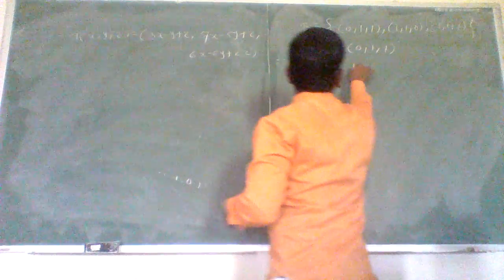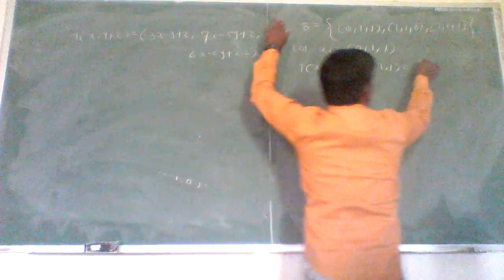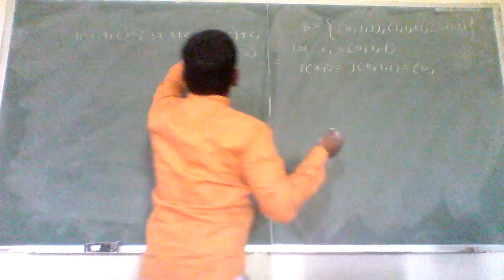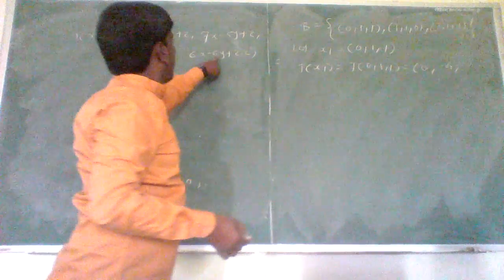So T of x1 is T of (0, 1, 1), putting x equal to 0, y equal to 1, and z equal to 1. As x equal to 0, 3 into 0 is 0, minus 1 plus 1, which is 0. Now 0 minus 5 plus 1 is minus 4. Now 6 into 0, minus 6 plus 2, again minus 4.